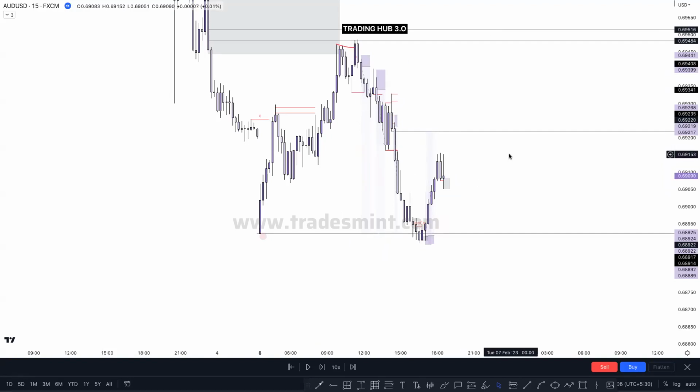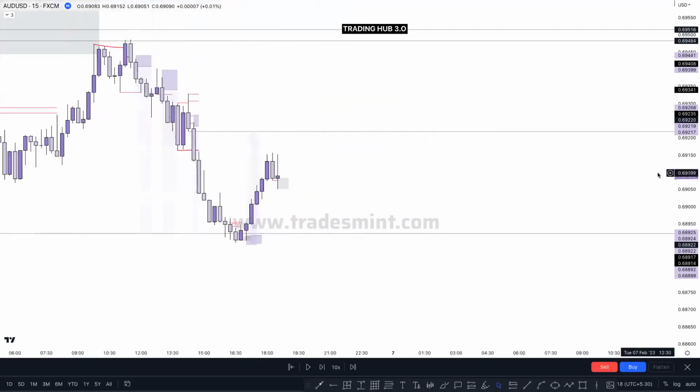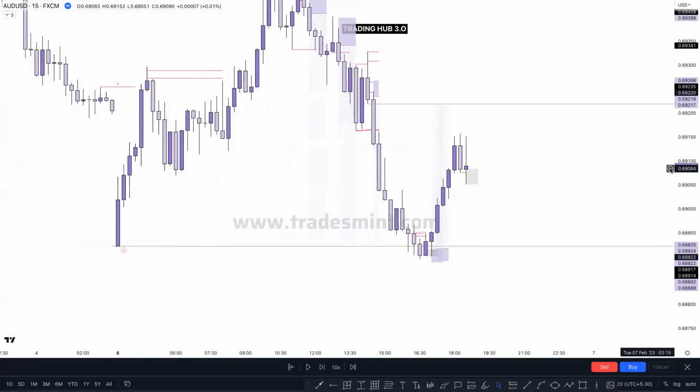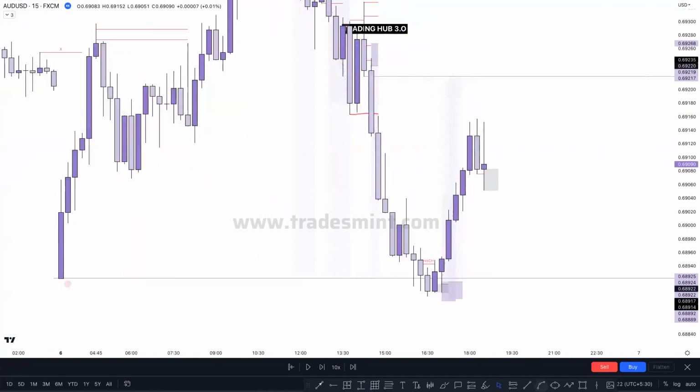So you can simply buy here, but only for the short term. The main structure is bearish, and bearish is also available here. If you look at this picture, the previous candle high is taken out here.